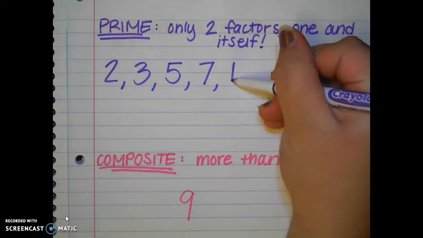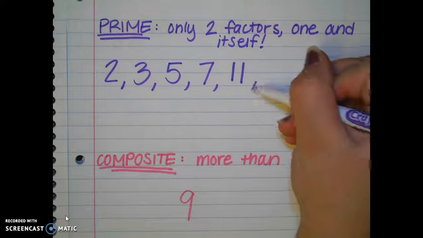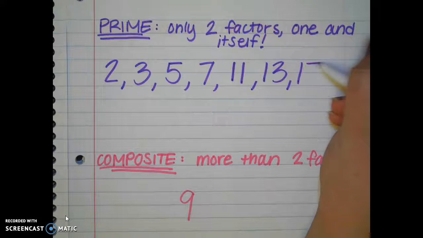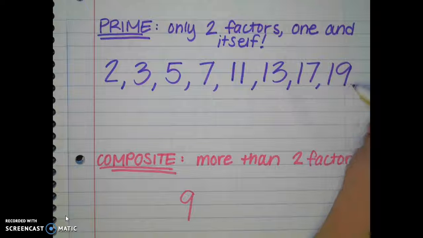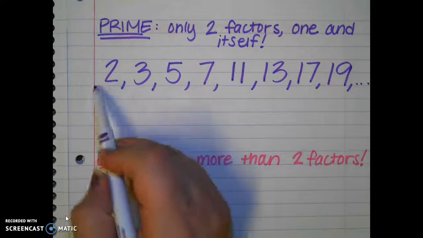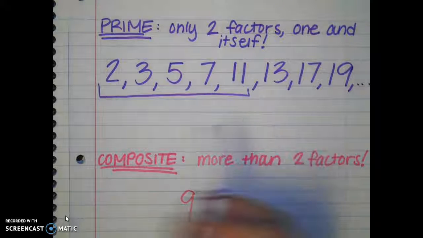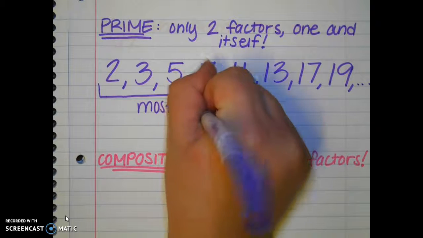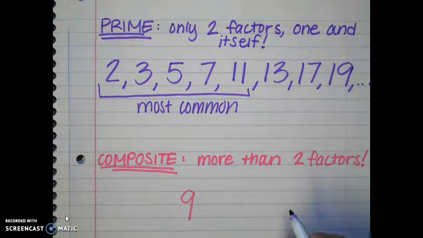Alright, we also have 11, 13, 17, 19, and so on. But these are going to be the most common prime numbers that you're going to see.